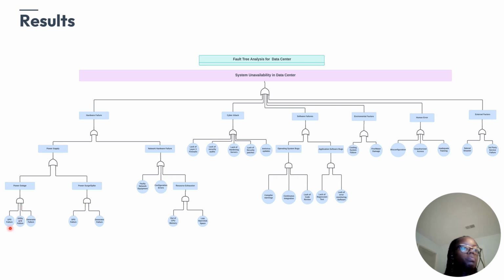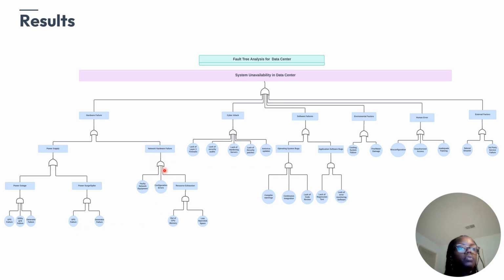So we have the UPS failure, the utility grid failure, and the generator failure. Once these three events occurred, it would result in a power outage. Under the power surge, we had the UPS failure and the generator failure.